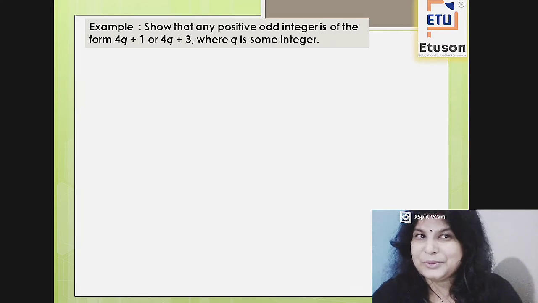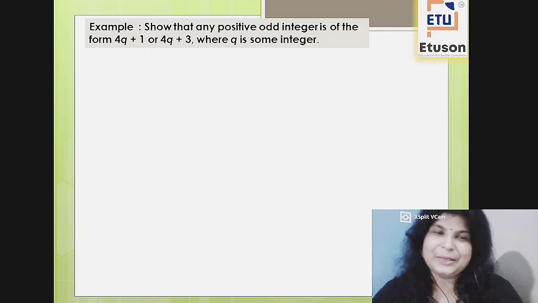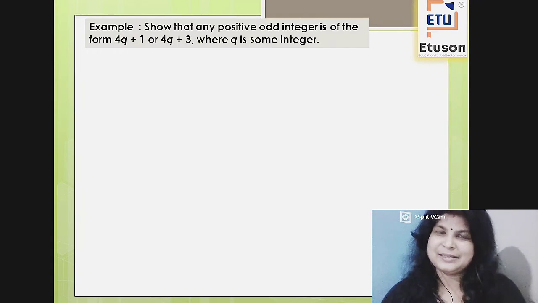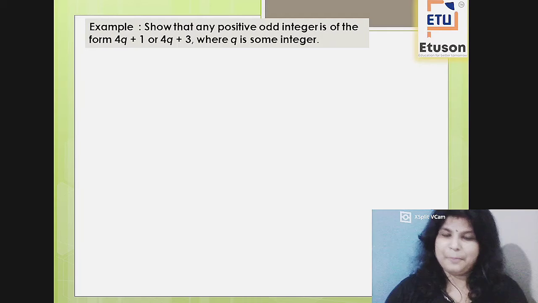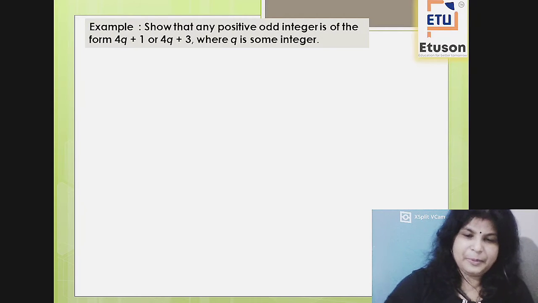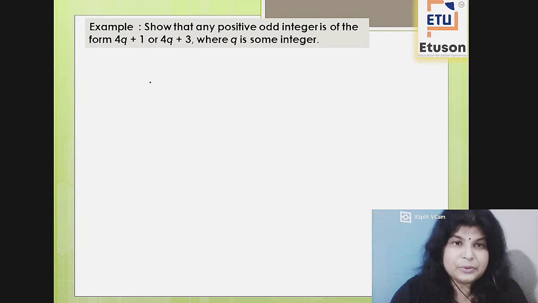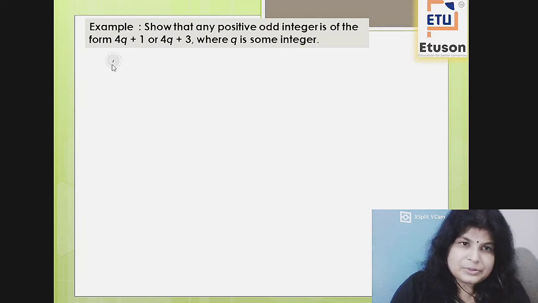Here, instead of 2, b will be equal to 4. That is the major difference if you compare with the previous problem. So let us write it. Like in the previous example, let a be an integer which is positive.